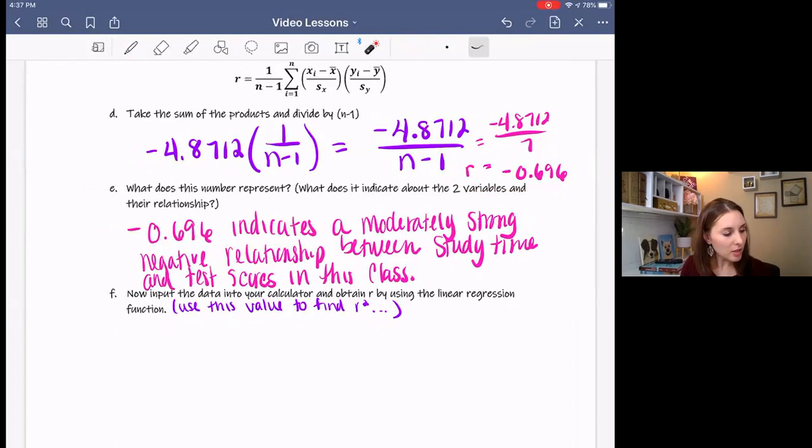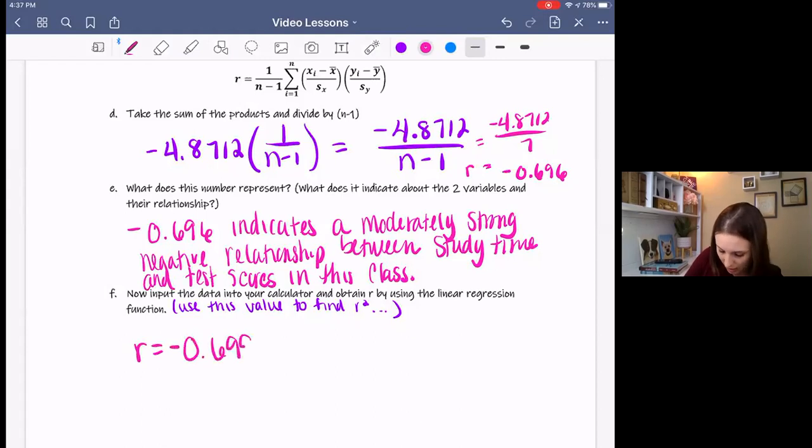When I did this, I got negative 0.699, which is really close to what I got. The difference is because of rounding. I rounded in my table, which made my answer a little bit off. This is the linear regression option in Stat Calc, down here on the bottom.